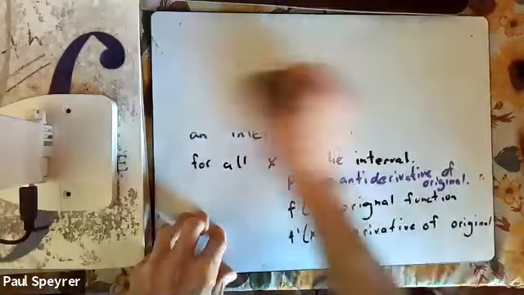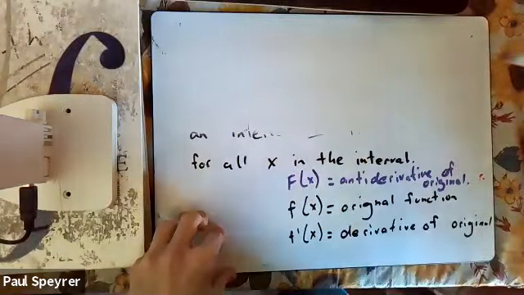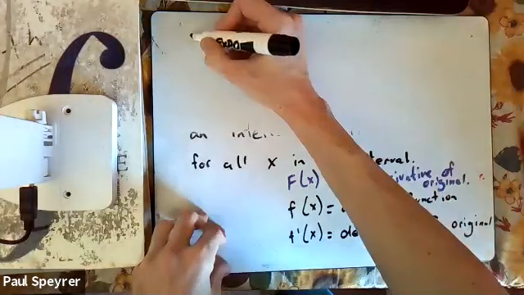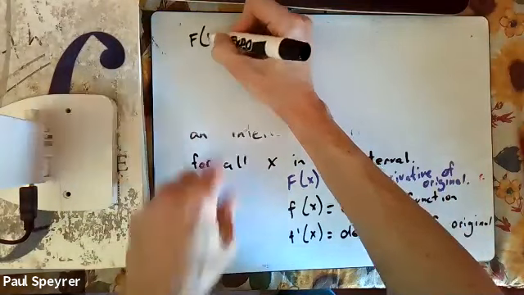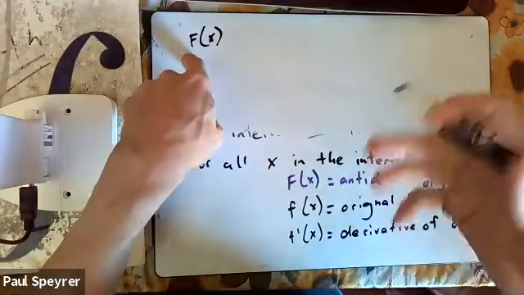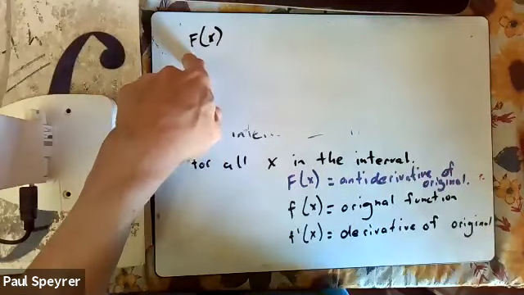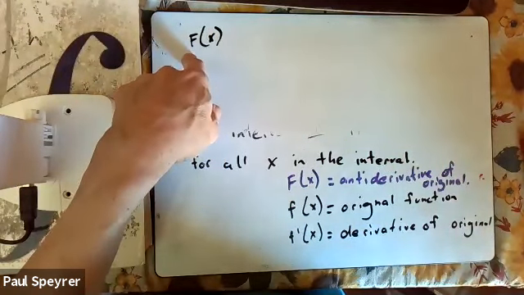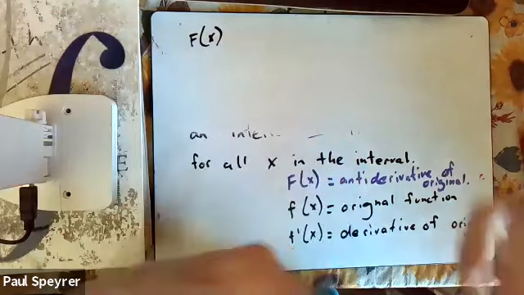So let's get more into detail about this. Anytime you see the big letter, like big F of x, big G of x, big T of x, they mean the antiderivative of that base function.